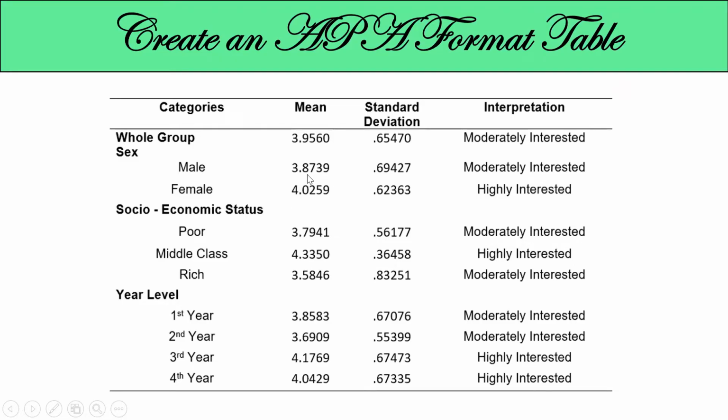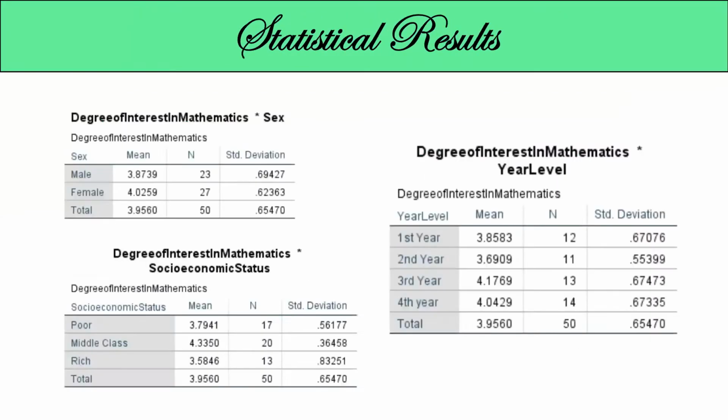3.8739, 4.0259, 69427, 62363. You can pause the video and let's check in a while if it is correct. You can put it in your paper and then let's check now. Okay. So 3.8739, 69427 for the SD, 4.0259 and 0.62363 for the SD.